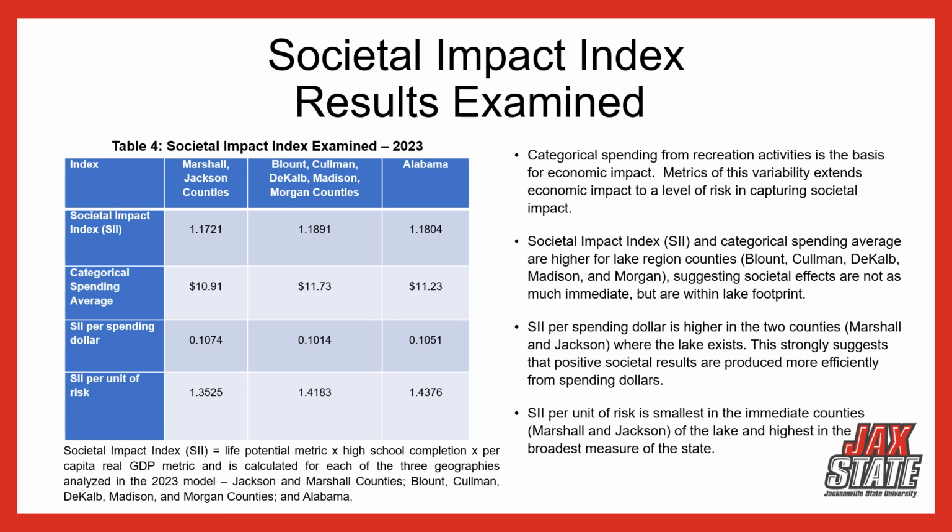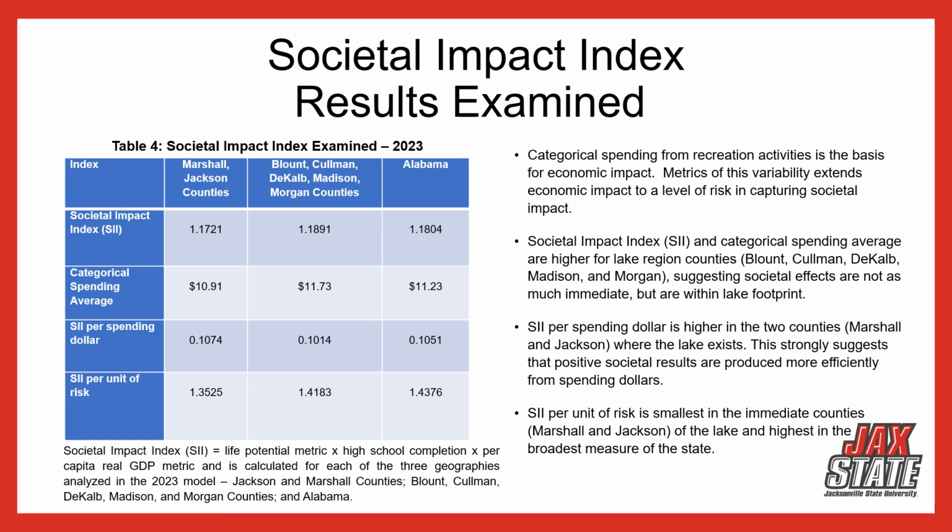Now, what this shows as we examine this is the societal impact. This is the metric that we discussed earlier: life potential metric times high school completion times per capita real GDP metric. And from this societal impact, you're finding the highest societal impact in Blount, Cullman, DeKalb, Madison, and Morgan counties. The categorical spending is also highest there.